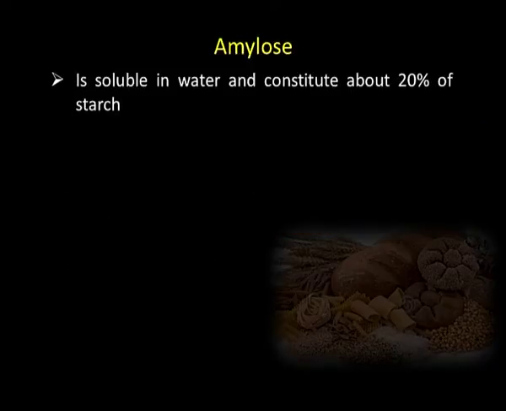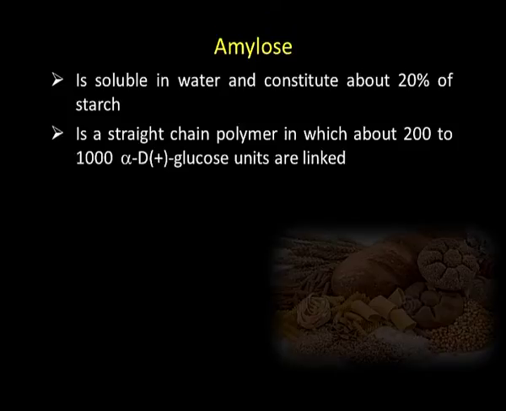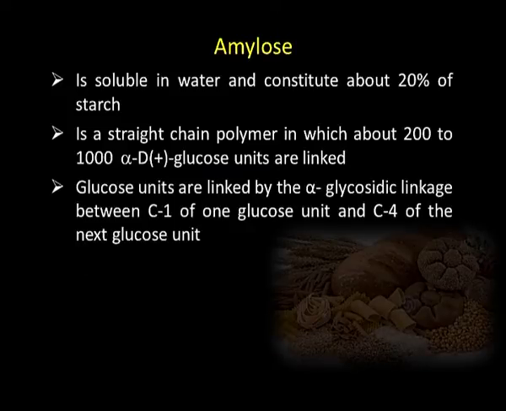Amylose. This part of the starch is water soluble and it constitutes about 20% of it. It is a straight chain polymer in which about 200 to 1000 alpha D (+) glucose units are linked. Glucose units are linked by alpha glycosidic linkage between C1 of one glucose unit and C4 of the next glucose unit.